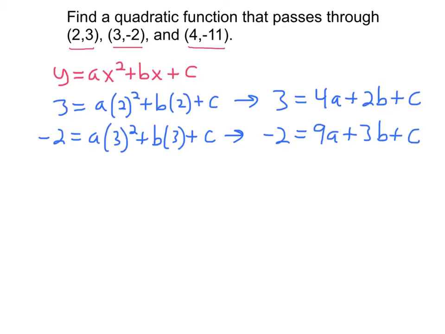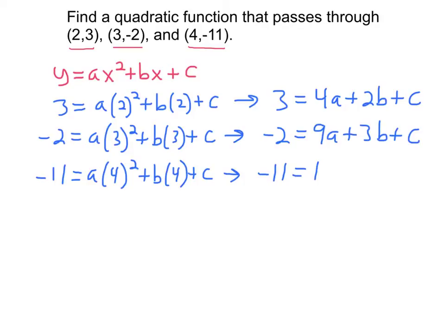And now we'll do the same thing for the third ordered pair. So we'll plug a 4 in for x and a negative 11 in for y. So negative 11 equals a times 4 squared plus b times 4 plus c. That gives us negative 11 equals 4 squared is 16, so 16a plus 4b plus c.